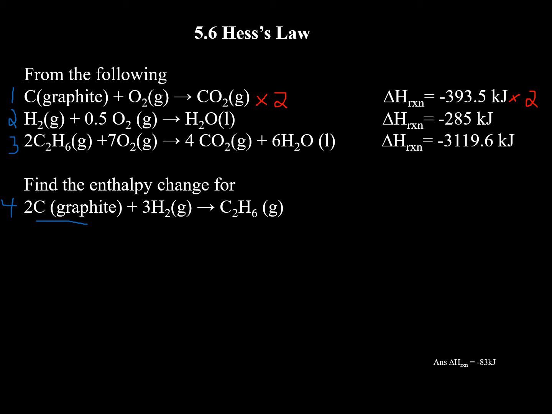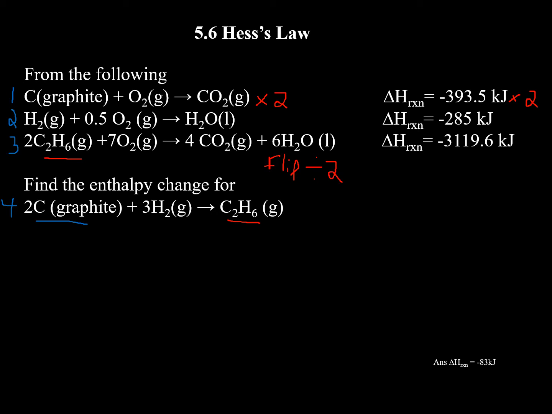We will also see here that we have C2H6 in the reactant, C2H6 in the product. We have 2 of them, so we have to flip. So flip this equation around and divide by 2 for equation 3.